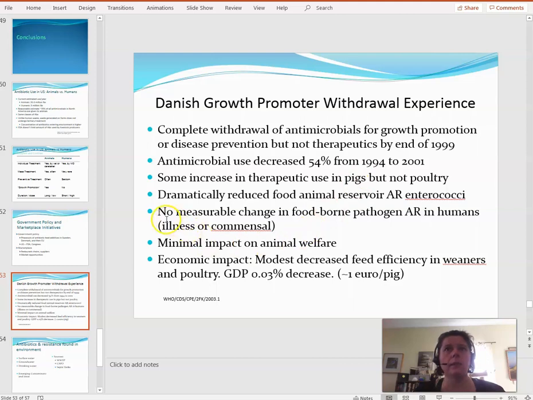And they really did not see any increase in foodborne diseases. They only saw a modest decrease in efficiency, basically a 0.03% decrease. There was a little bit of loss of animals, but not a lot. And this really did not change, especially for pigs, how much money they were making off of the pigs.